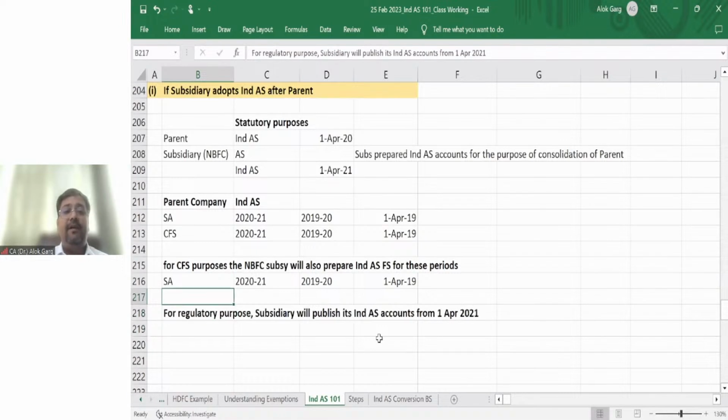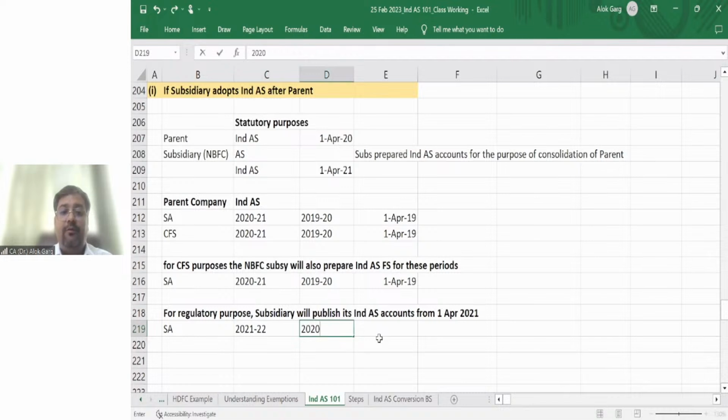What is the period for the subsidiary for standalone regulatory purposes? It is 2021-22. The comparative is 2020-21, and the transition date is 1st April 2020.